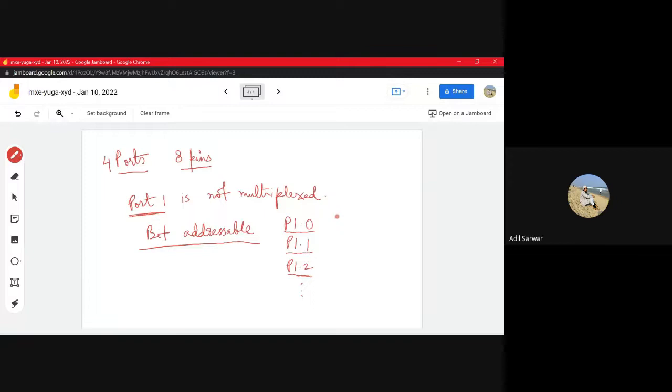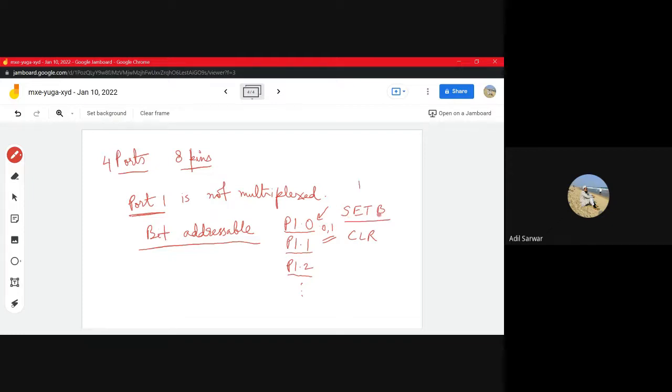And what are those commands? They are SETB and CLR, set bit and clear. Basically, what we intend to do is either make it 0 or 1. So SETB will make this pin 1.